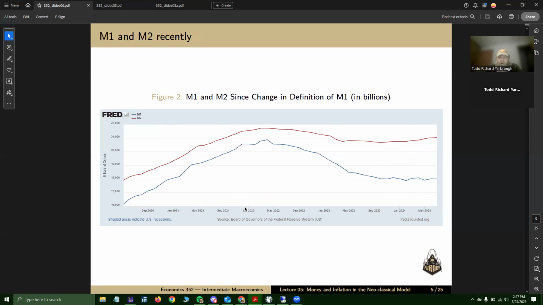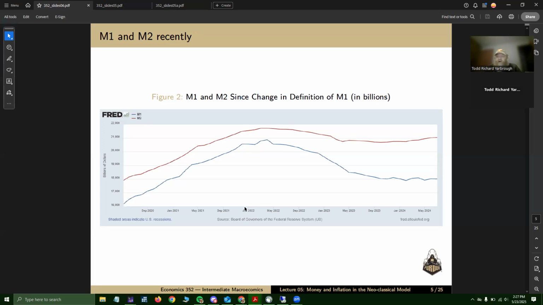So if you look at money supply over the post-COVID time in the United States, we can see that there was this general increase in the money supply. And then as we get towards 2023, you see that the money supply starts to come back down somewhat. Whenever you see the money supply go up, that's generally due to expansionary monetary policy.